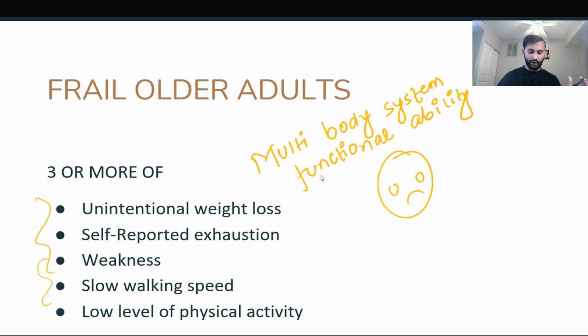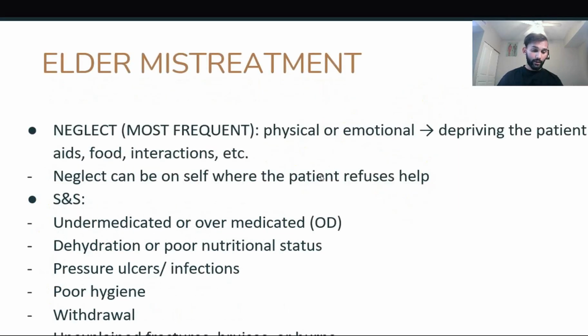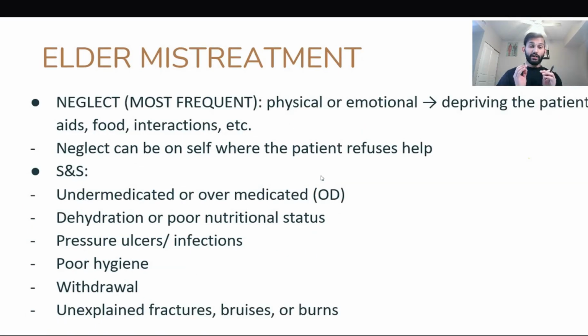Now, the other topic we have is elder mistreatment. It covers a broad category, but we will briefly talk about some of the important things today, in which the most frequent elder mistreatment is neglect. Neglect could be physical or emotional.